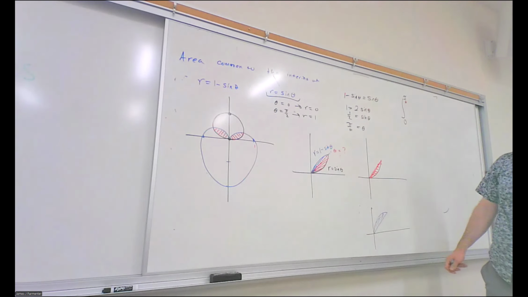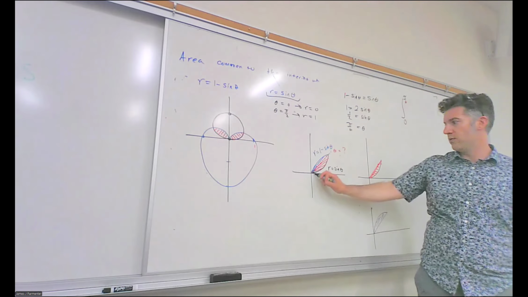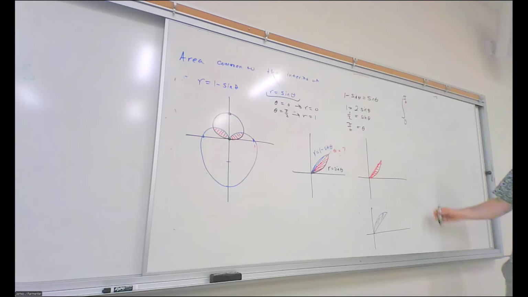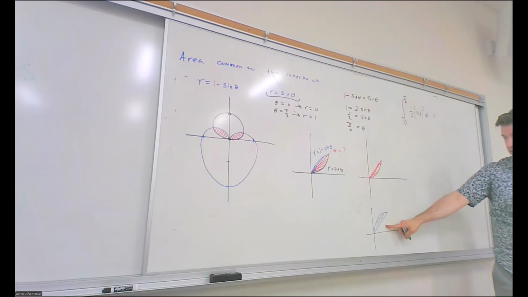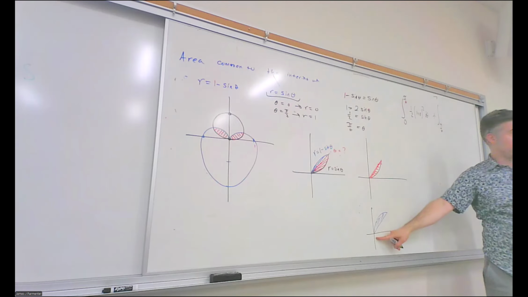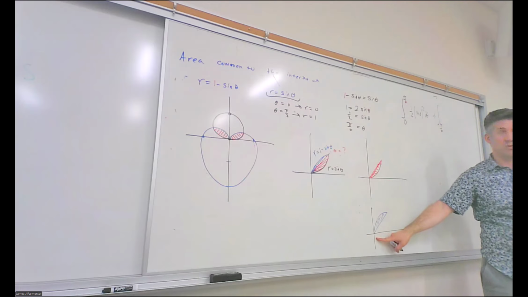When our angle is 0, the black one is 0. We're finding the area again, so it's going to be the integral of 1/2 sine theta squared d theta, plus the other half, the integral from pi over 6 to when this function hits the origin, which is when theta equals pi over 2.